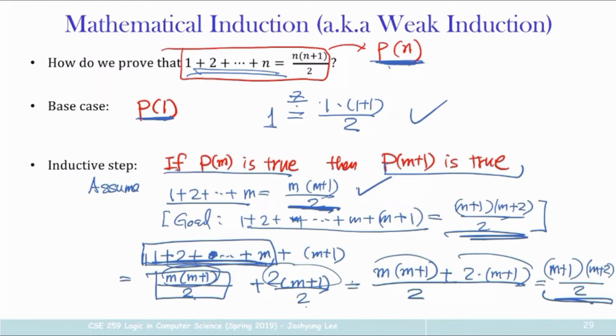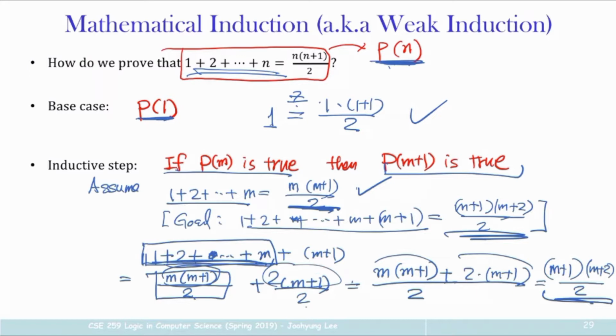Yes? Where did you get the 2 times (m plus 1) again? This one? Yeah. So we have m plus 1 here, right? And m plus 1 is equal to 2 times (m plus 1) over 2, because I multiply the numerator and denominator by 2. So m plus 1 here is equal to this.